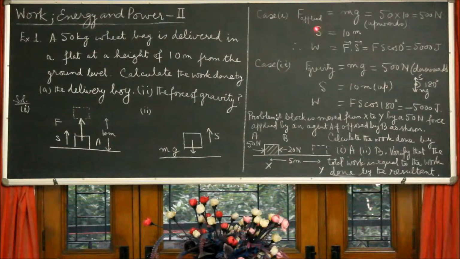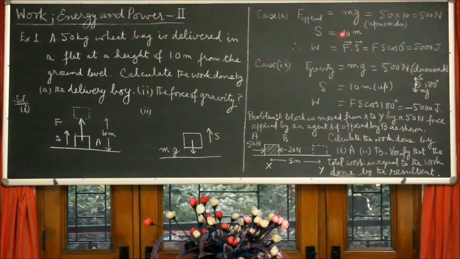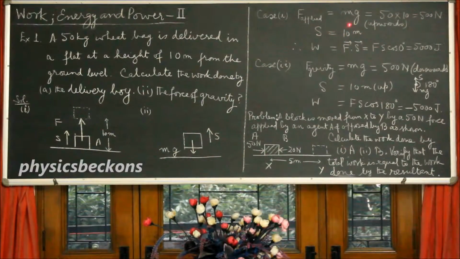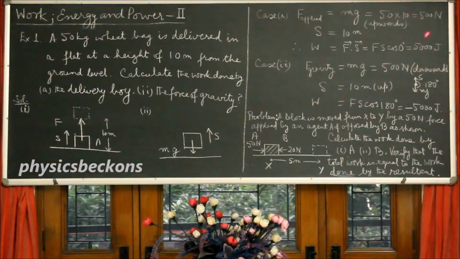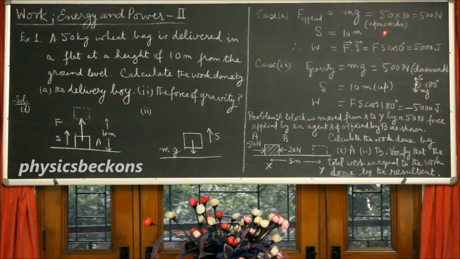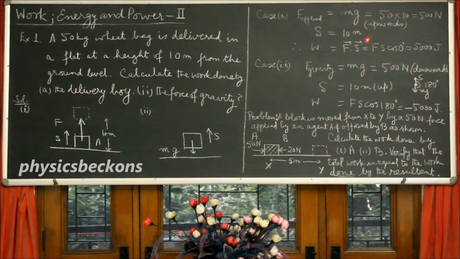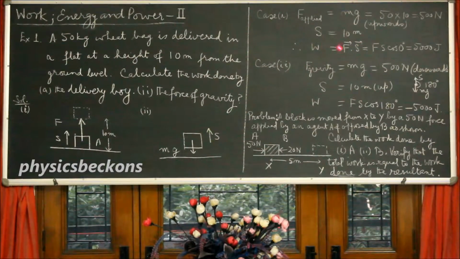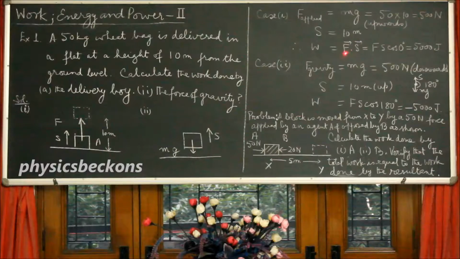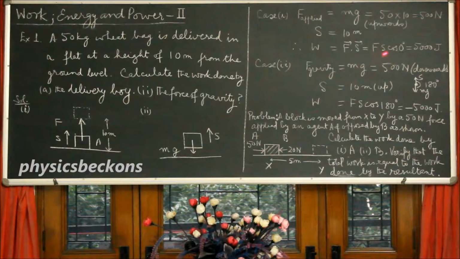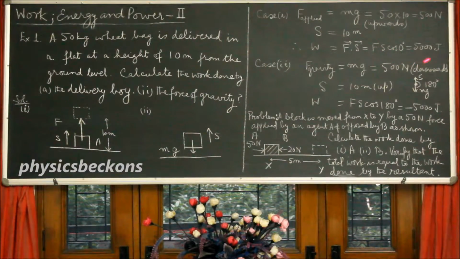So we have F applied equal to mg because the force of gravity is to be overcome, which is equal to 500 Newton, taking g to be 10 meter per second square for simplicity. And the displacement is 10 meter, and the work done will be F dot S equal to Fs cos 0 equal to 5000 Newton.